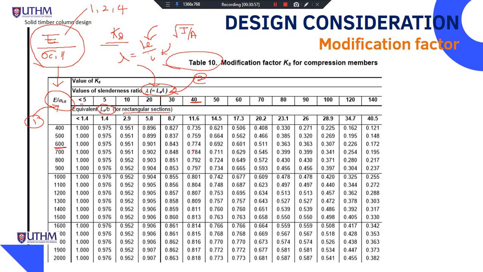Thus your K8 is equal to 0.774. In case the values for both this and the slenderness ratio are not stated in this table, let's say it is 650 and also 35, in this case you need to calculate based on interpolation. Do the interpolation.